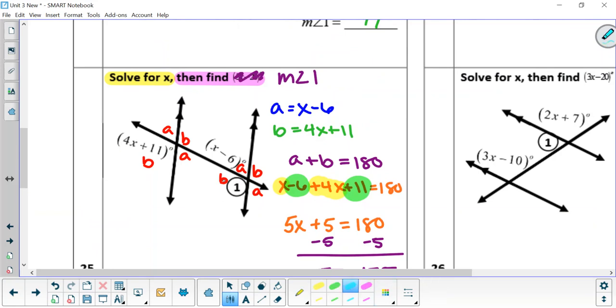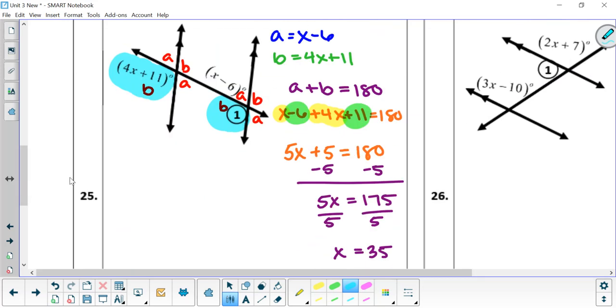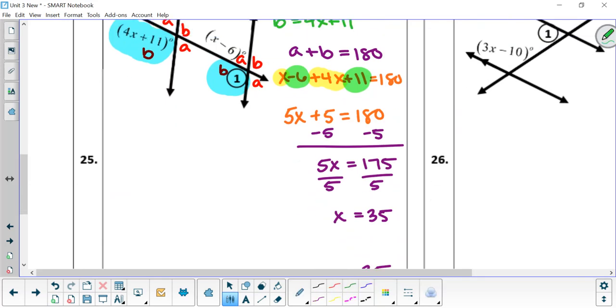Well, angle 1 is a B. We also know that B's are 4x plus 11. So we're going to use that 4x plus 11. And then instead of x, we're now going to use 35, because that's what we just figured out x was.